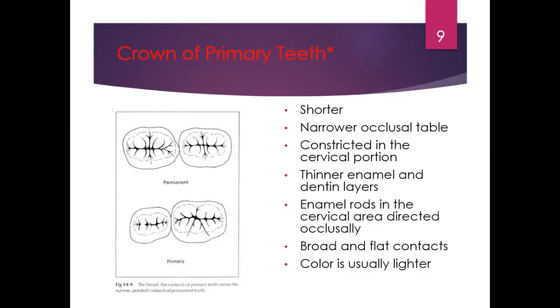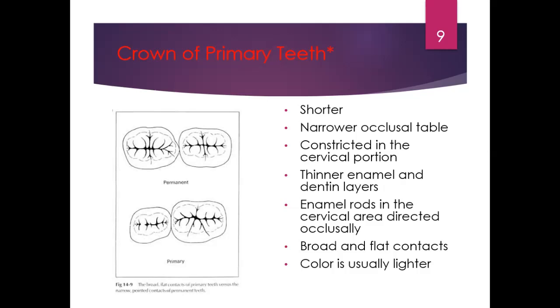So with the color contrast, a lot of parents come into the clinic and they're always asking me, should I consider whitening on their 9-year-old son or daughter? I tell the parents that when the primary teeth come in, they are brighter and whiter than their permanent teeth when they come in.